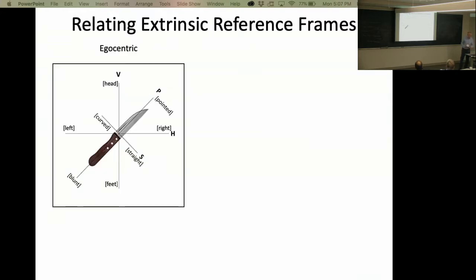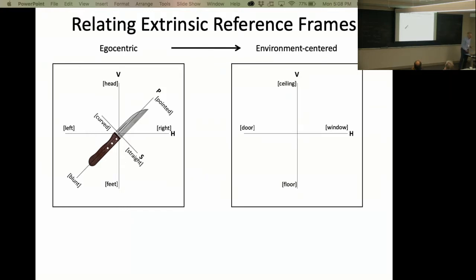So let's just take one example. So let's say that I've represented this knife relative to myself, and so the extrinsic axis is, say, a vertical axis defined by my vertical body axis, the head at the top and the feet at the bottom, and the horizontal axis by left and right for me. And I want to transform that into an environment-centered representation, where I'm representing it relative to where it is in the room.